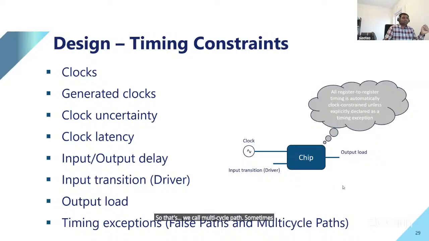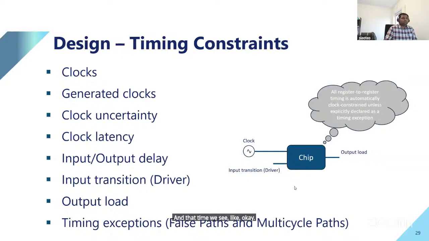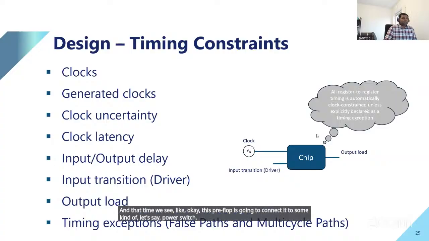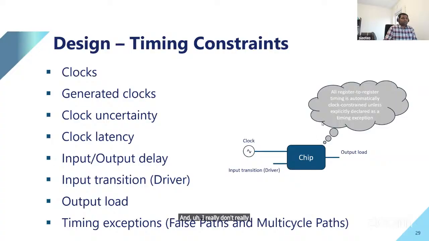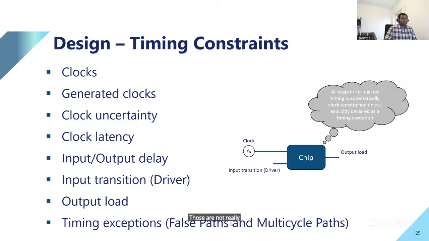So that's what we call a multi-cycle path. Sometimes we are communicating or connected to an analog block, and it really doesn't bother about timing. At that time we say, okay, this flip-flop is going to connect to some kind of, let's say, power switch, and I really don't bother about how fast it is going to power switch. So I mark it as a false path. Basically, you're telling the tool, don't waste your energy optimizing these paths, because those are not really timing critical.